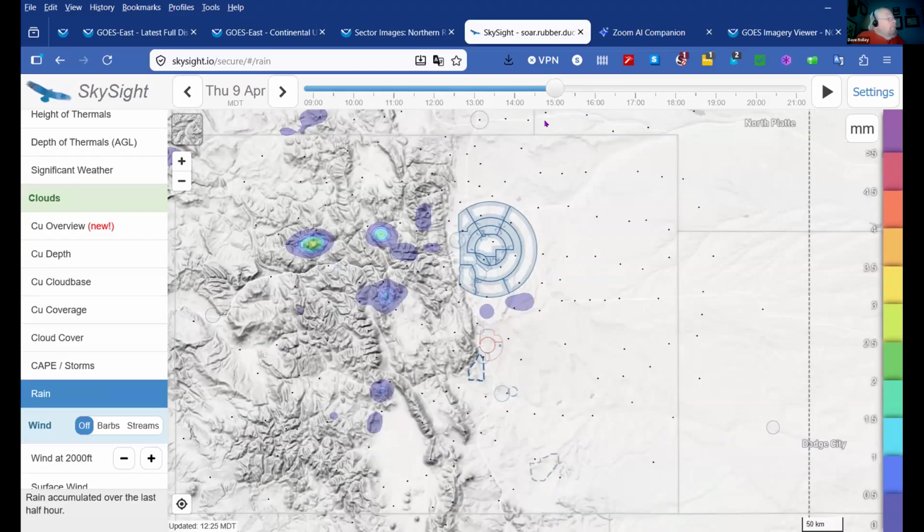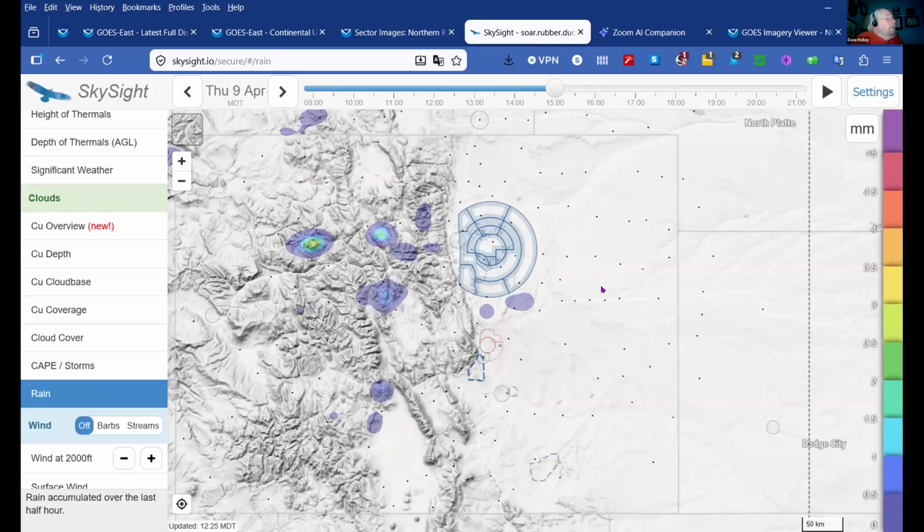But what this is saying as a prediction is at 3 o'clock, these areas were likely to have somewhere between a half millimeter and, let's see, this one's got yellow in there, somewhere between a half millimeter and 3 millimeters in this particular area right here.